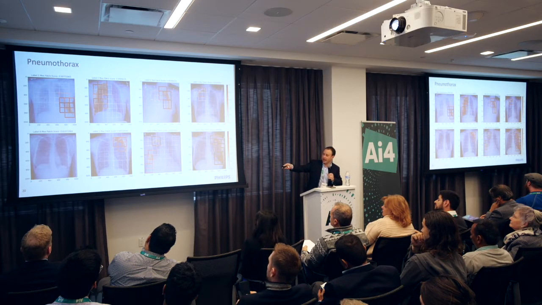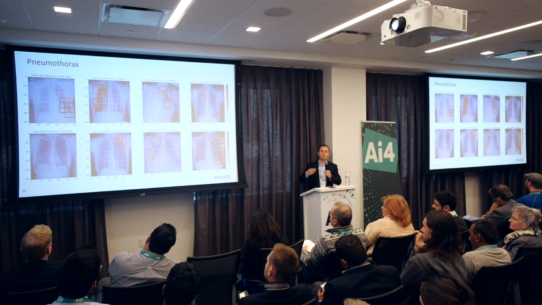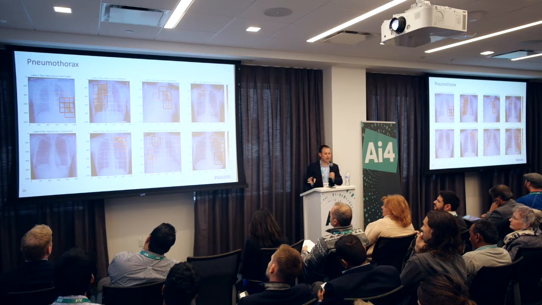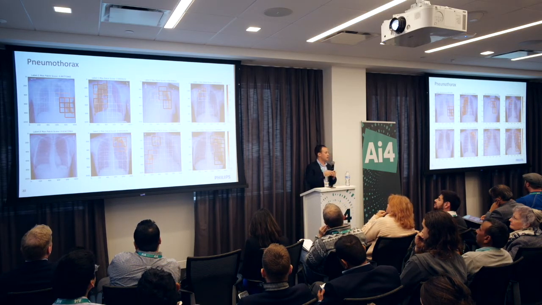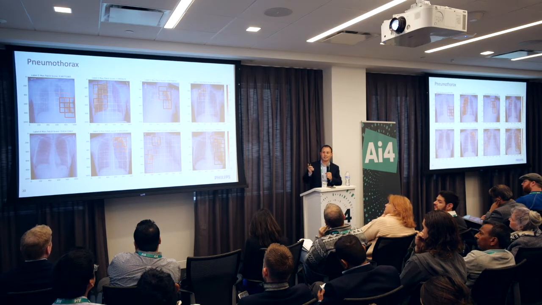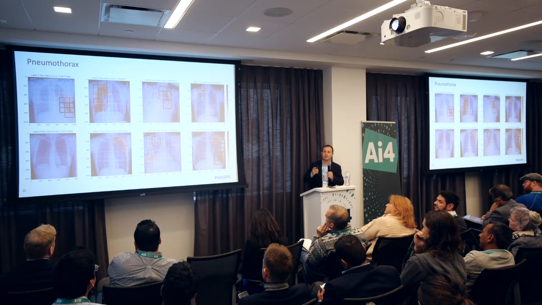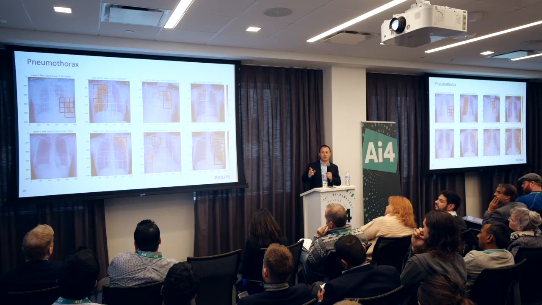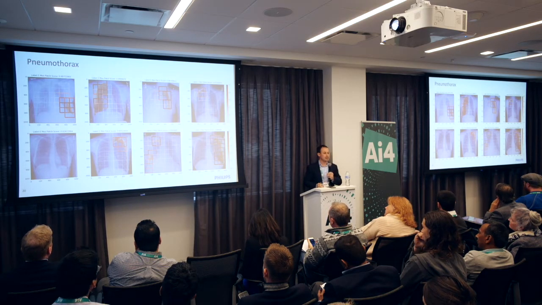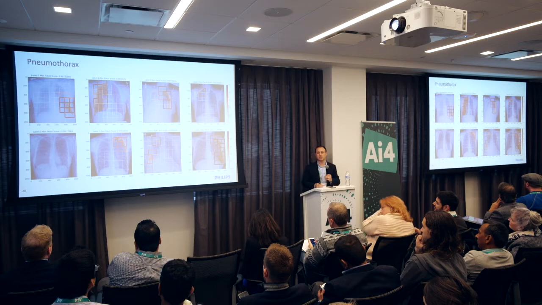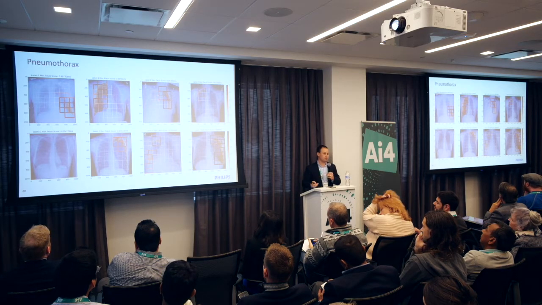And that's especially the case for a healthy subject here, where all the patches are close to zero, and the maximum patch is about 0.024. So it's not picking up any pneumothorax, and that's correct. So you can see it can very nicely adapt to different types of pneumothorax, different sizes, different shapes. There's even a case where there are two spots of pneumothorax, and it can correctly identify both. So it's not limited to a single type of pathology.